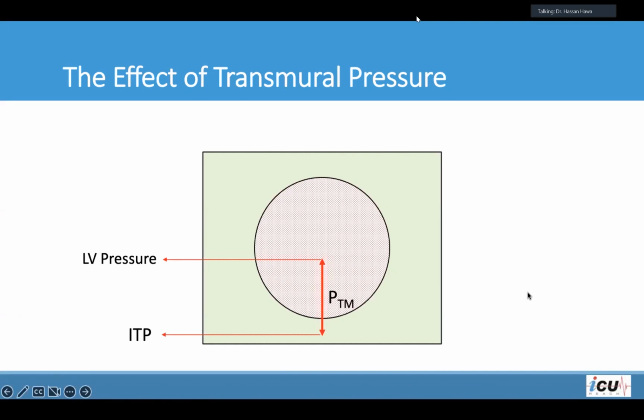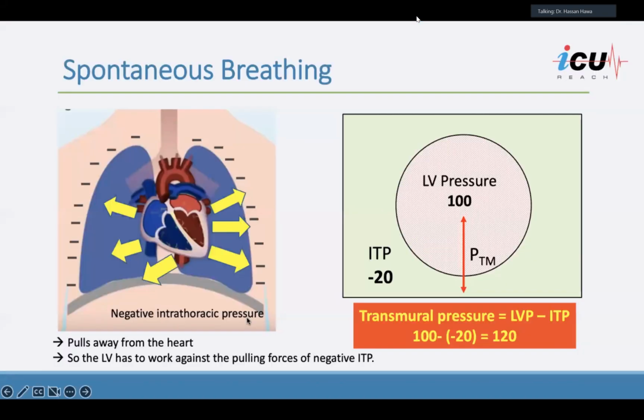So imagine the heart is a compartment inside a compartment, or a box inside a box, and inside the circle here is the representation of the left ventricular pressure, whilst the green area represents the intrathoracic pressure. So if we have a left ventricular pressure of 100 mmHg and an intrathoracic pressure of -20, then the left ventricle has to overcome 120 mmHg of pressure to eject the blood outside, because there is the negative intrathoracic pressure pulling the heart away, preventing it, if you like, from collapsing and ejecting the blood outside.